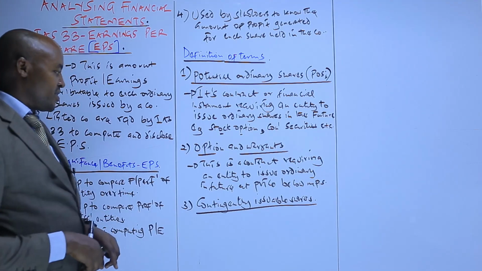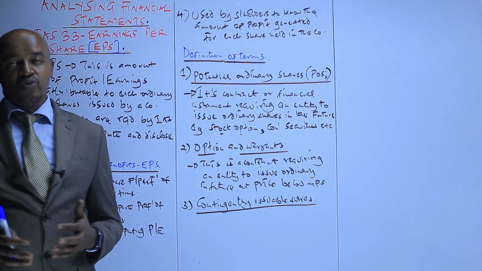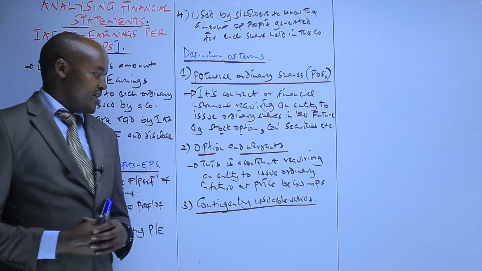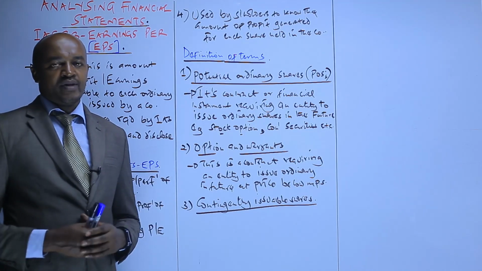For example, the company can promise to issue shares to its executive managers if the profit of the company exceeds a certain amount.